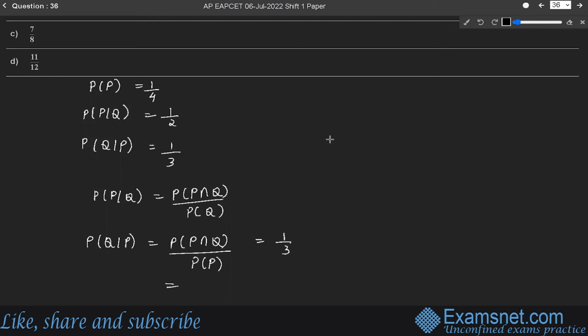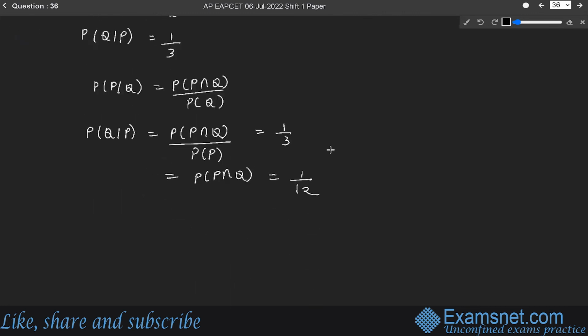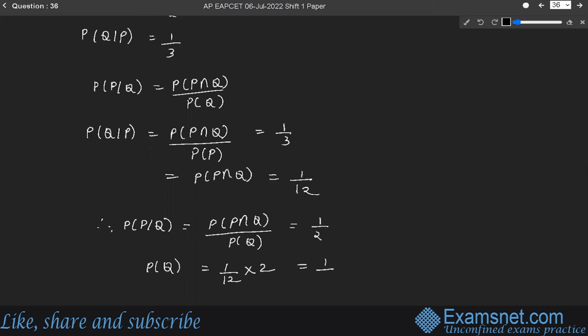So it will be equal to P of P intersection Q is equal to 1 by 12. Therefore, probability of P by Q will be equal to P of P intersection Q divided by P of Q, which is equal to 1 by 2. So from here we can get the value of P of Q. P of Q will be equal to 1 by 12 into 2, which is equal to 1 by 6. So we can say that P of Q is equal to 1 by 6.